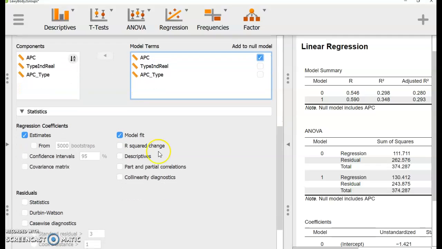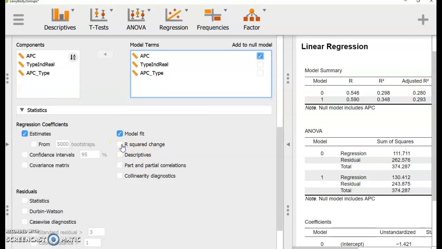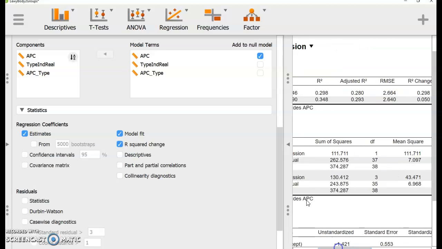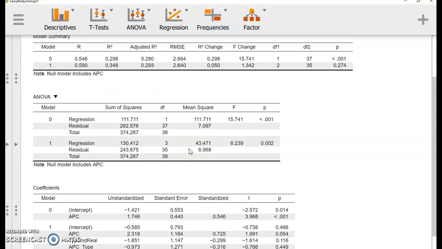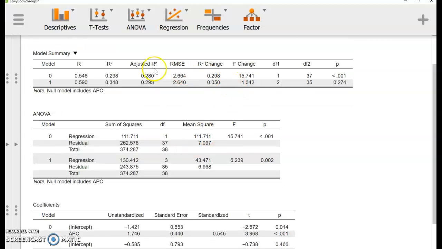If we scroll down, there's an option to click r-squared change. What this means is not only do we have the r-squared of the null model and the r-squared of the full model, but we can see the actual effect size of adding these two terms to the null model. Just by clicking that, if I go and look at my output, notice up here in the model summary, not only do I have these original terms, but I also have r-squared change.